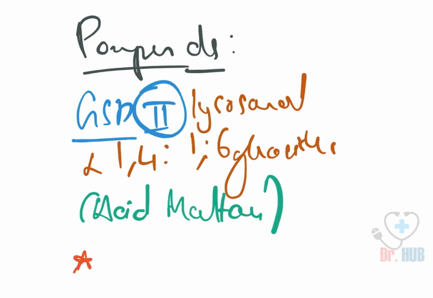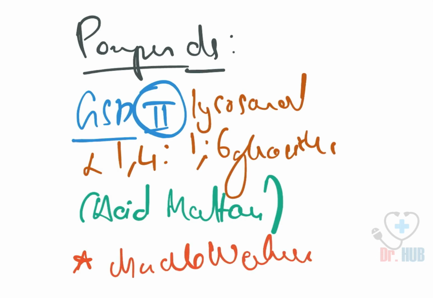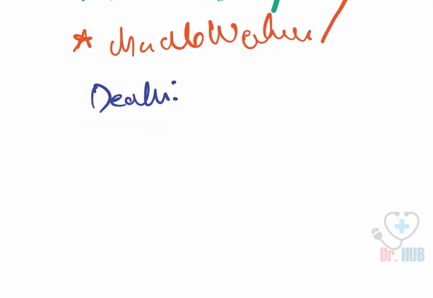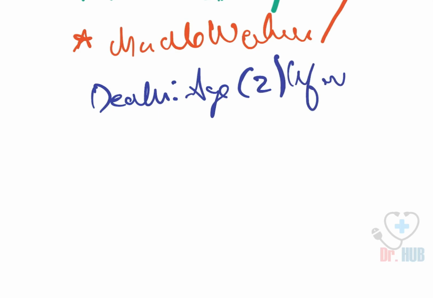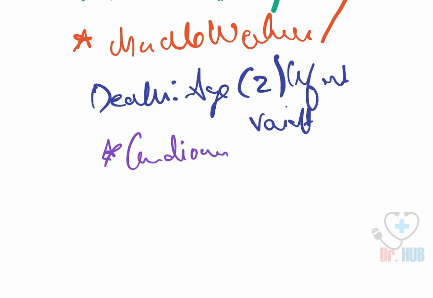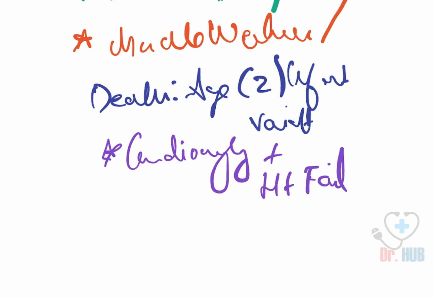So what are the symptoms, the signs? It involves muscle weakness. Next, there is death by the age of 2 years, in the infantile variant. Then comes cardiomegaly as well as heart failure.